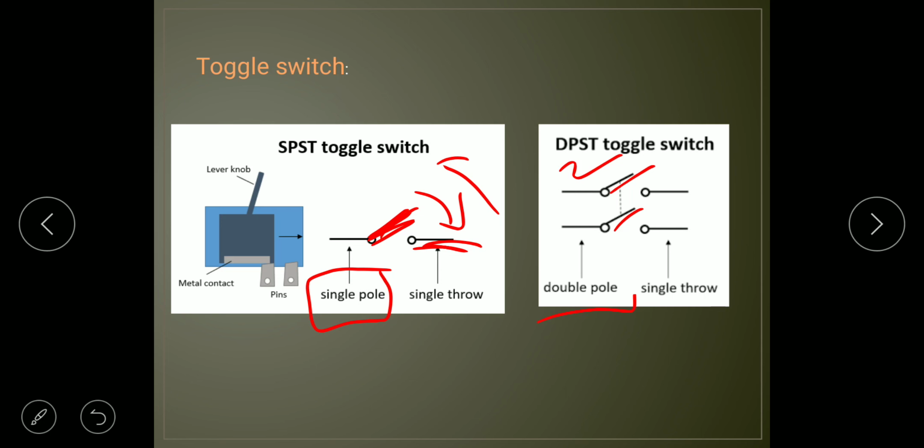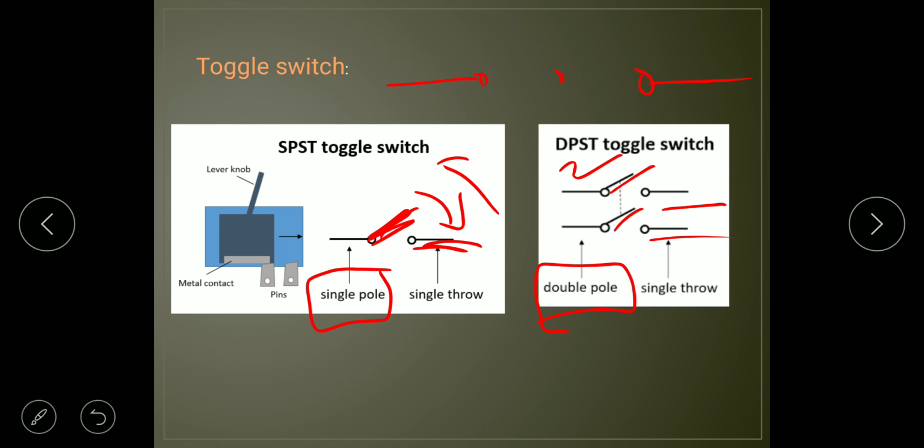So here double pole and single throw, because only one non-moving contact is there. Then single pole double throw, like this.